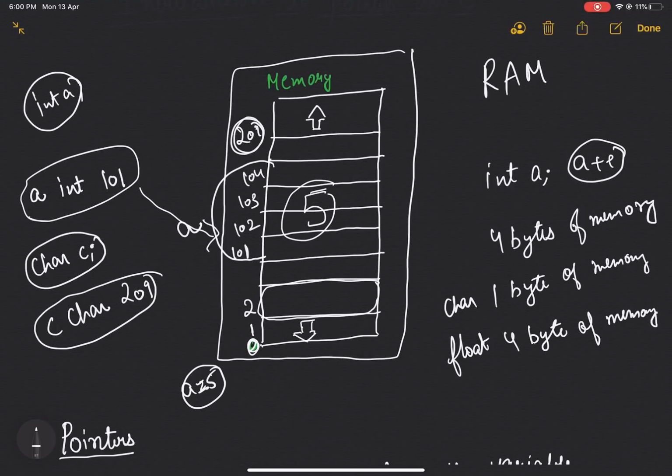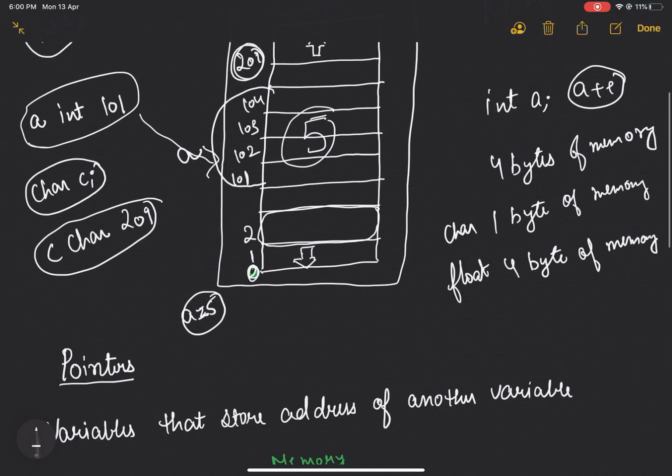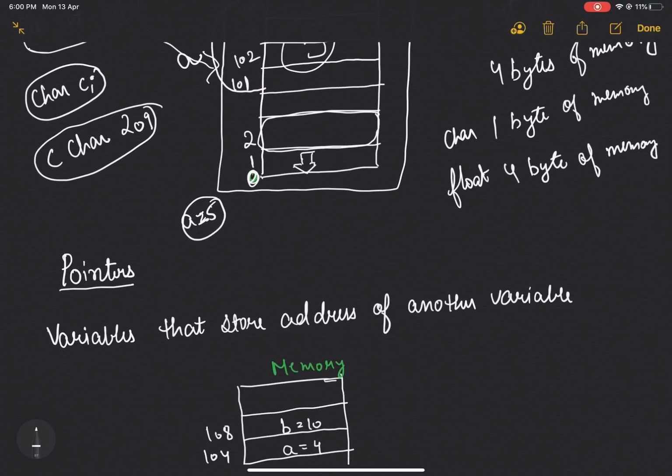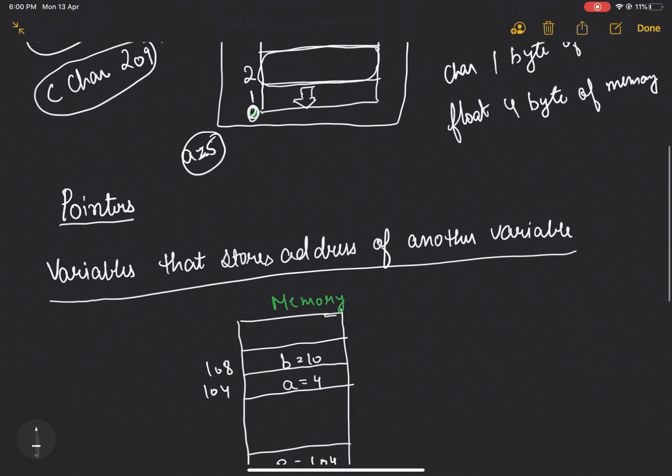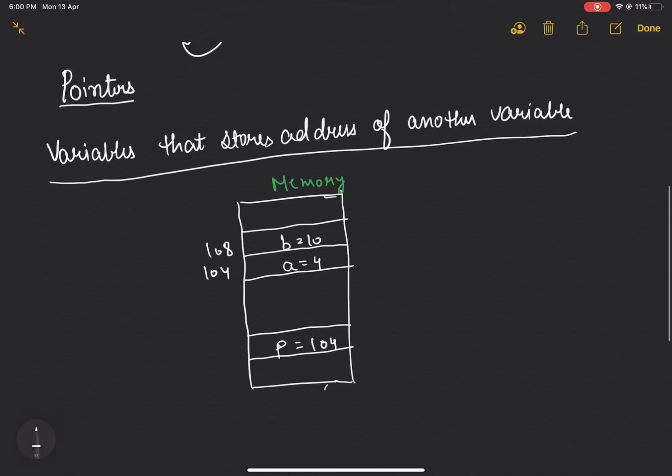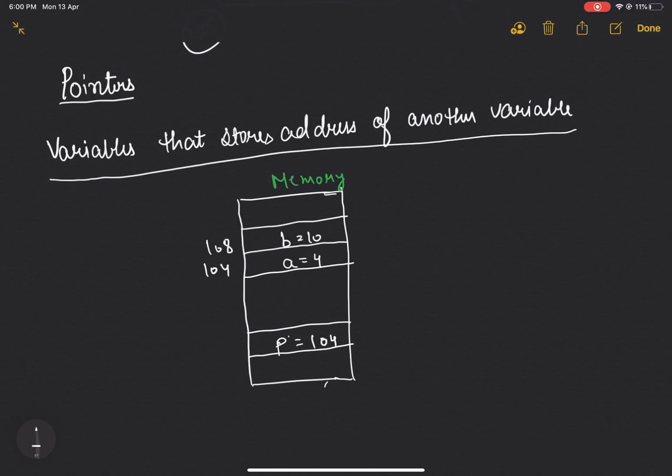Well, we can do so in C and C++. Pointers are basically variables that store the address of another variable. Let's say this is our memory and we have a variable p which stores the address of a.